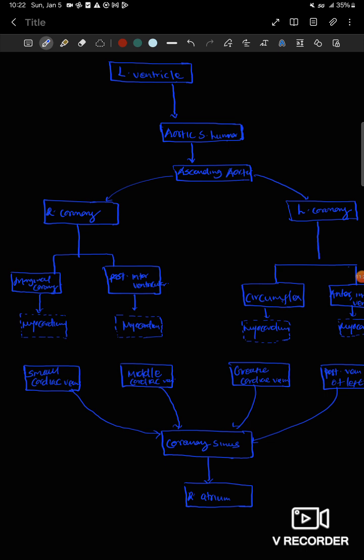Those four veins now drain to one common sinus, called the coronary sinus. This coronary sinus returns blood back to the right atrium of the heart, and the blood is pumped back through the whole circulation system again.